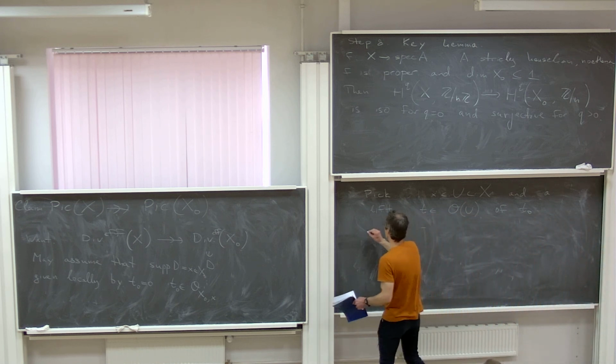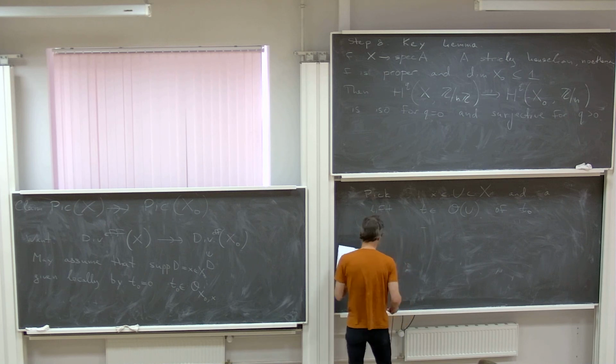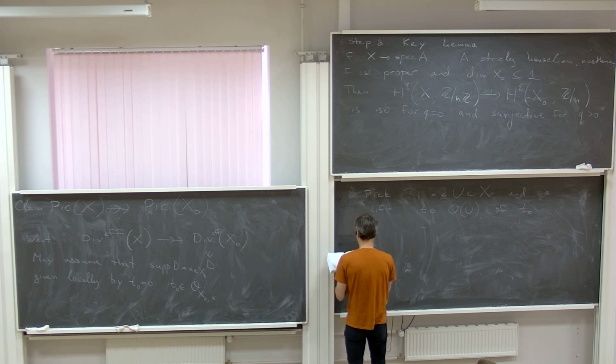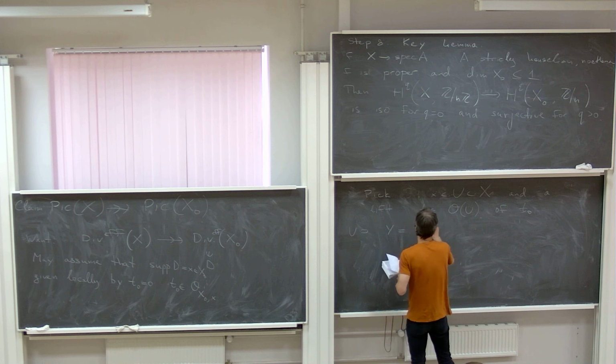So consider just the closed subscheme given by the equation T equals 0. So Y in U will be a closed subscheme given by the equation T equals 0.